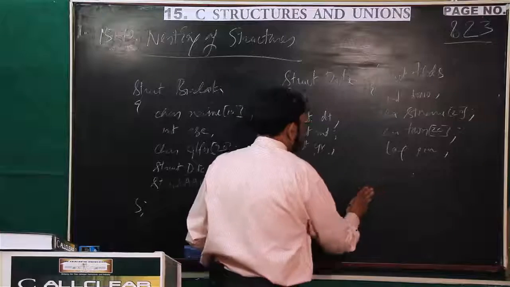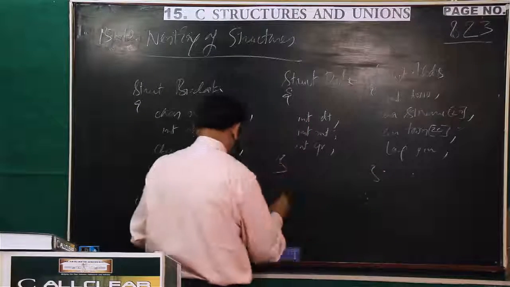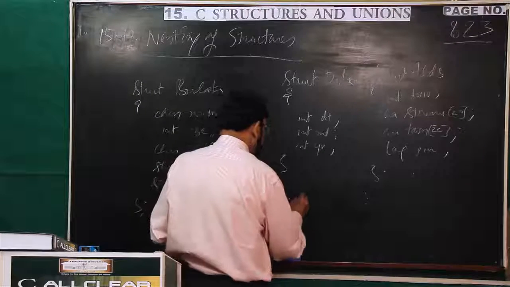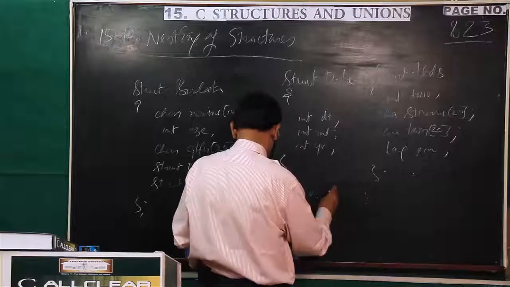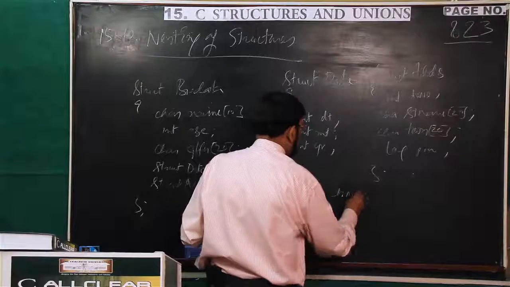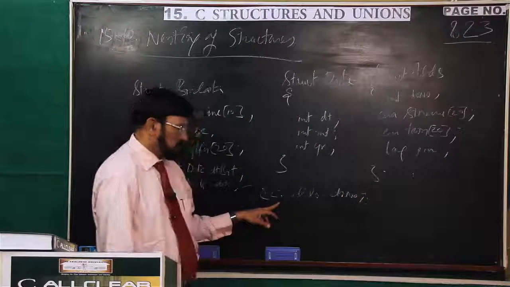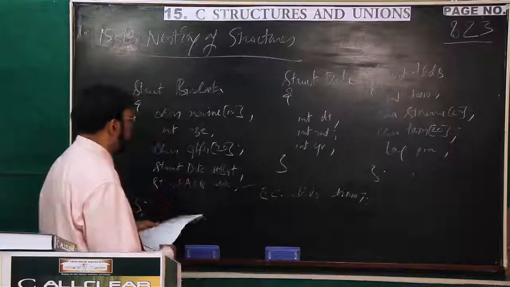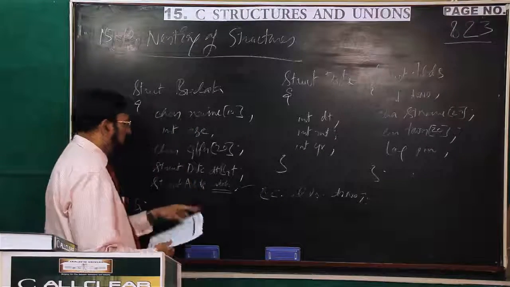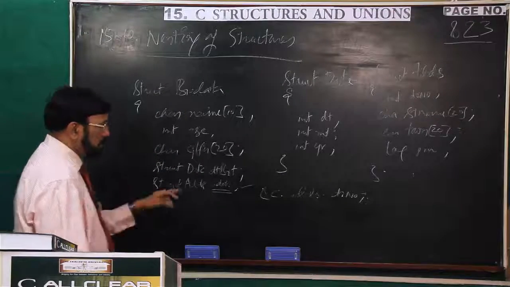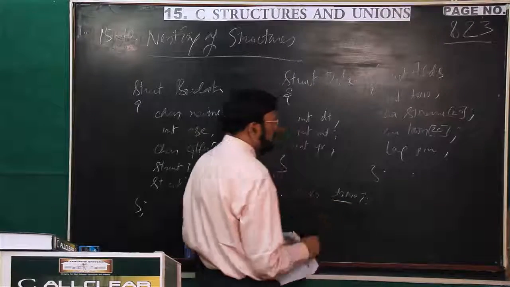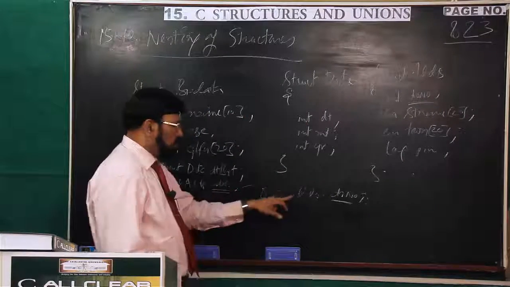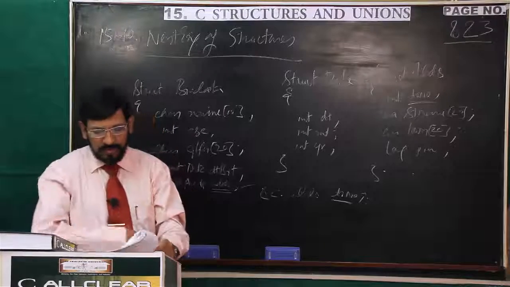Your variable name is c, then c dot address, and dot door number. Here two links you observe. This is the variable name. This is the address variable, which is the member of biodata. Then door number. In this manner, two links will come. These things we have to carefully observe.